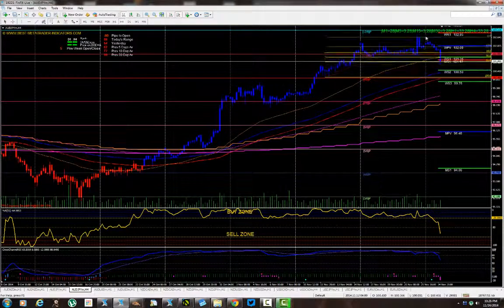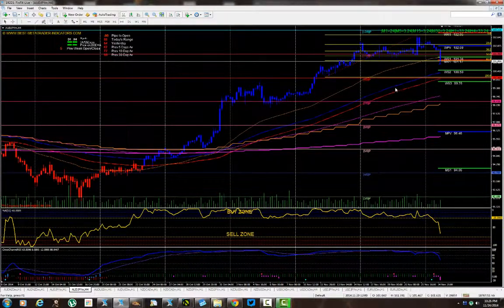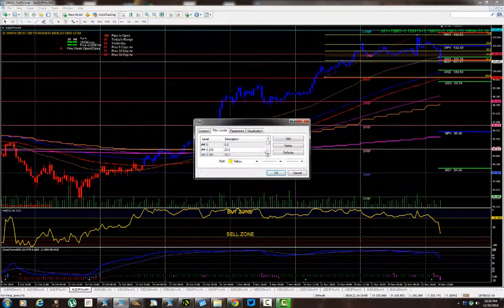Fib the last 2 weeks, and it looks like I need to add, yep, the 78.6.